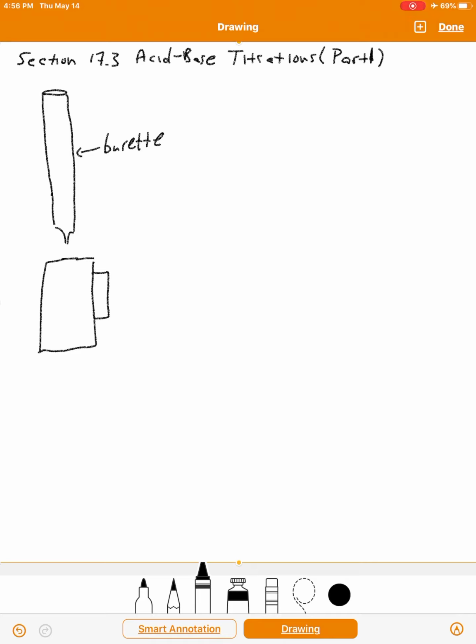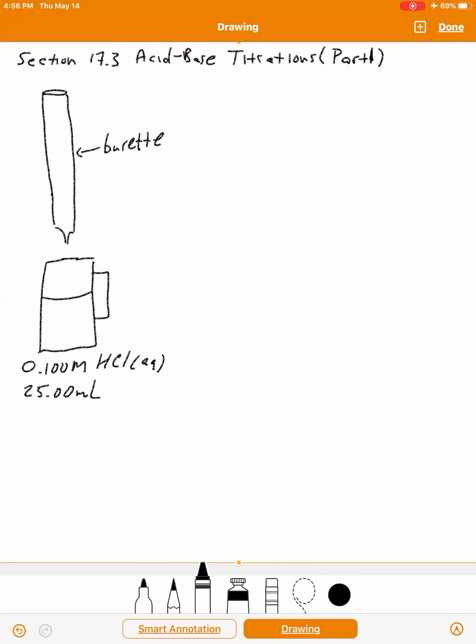And for this particular titration, we're going to put a solution of hydrochloric acid. We're going to have 0.1 molar hydrochloric acid. Of course, it's dissolved in water. And we're going to have a volume of 25 milliliters.